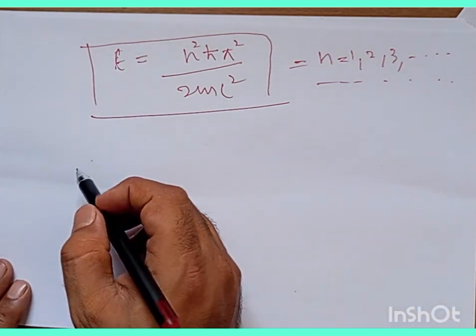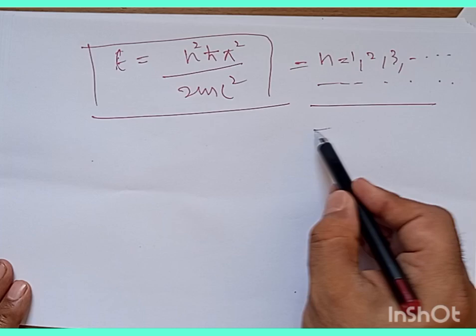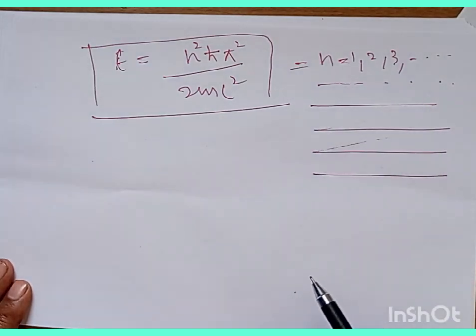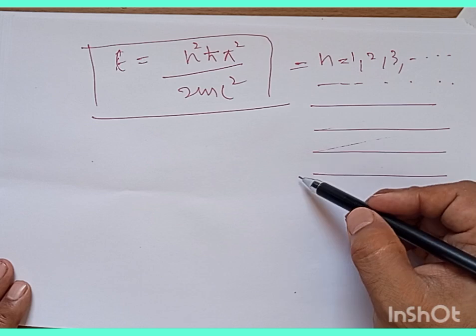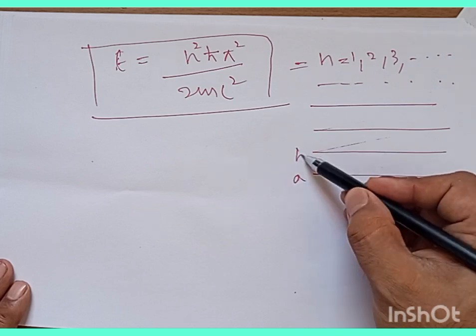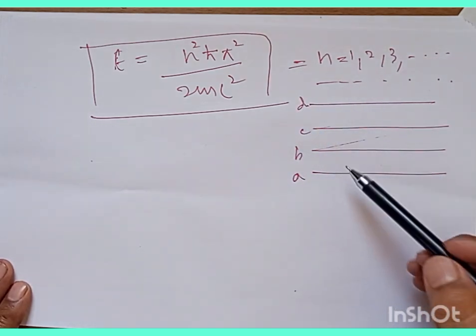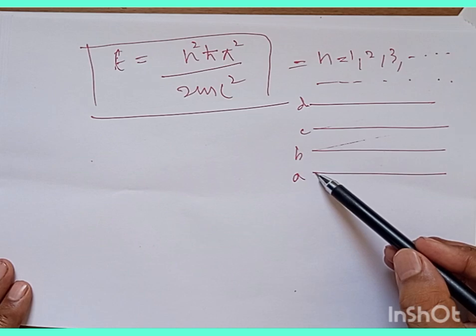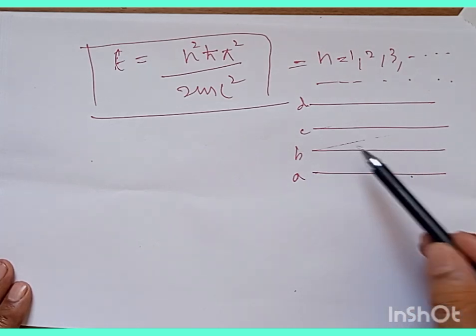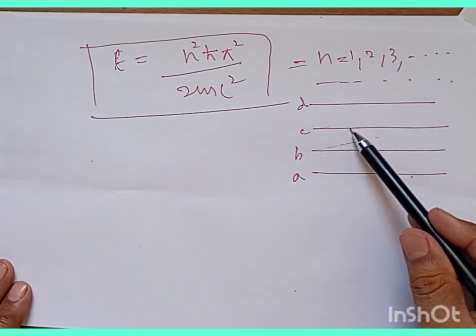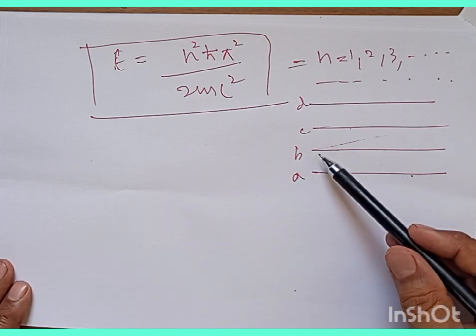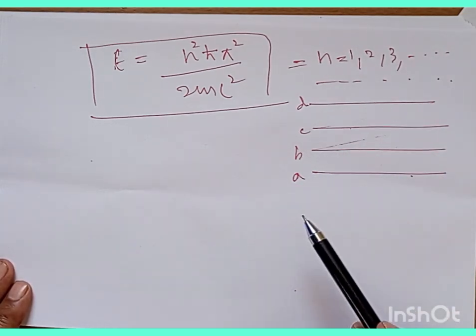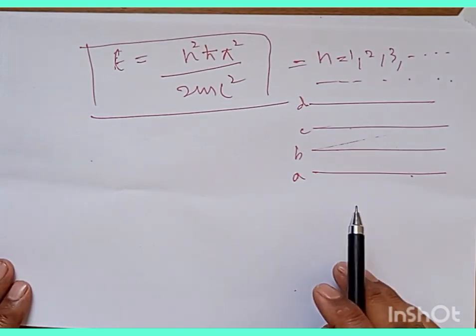Now, we can plot these energies. We'll have some discrete values of energy that this particle will have. It cannot have energies between two values. Suppose we have value A, value B, value C, and value D. This particle can exist in an energy state of A. It can be in the state of B. It can be in the state of C. But it can never have an energy between the states A and B. That's what the equation that we have here is reflecting.